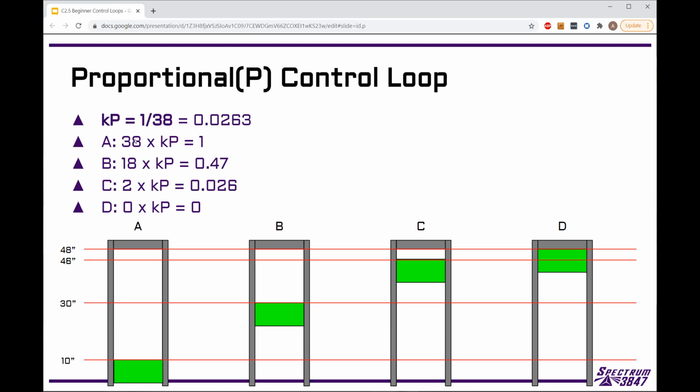To solve that, we can do some algebra, nothing too hard. You just bring 38 to the other side and you get 1 over 38. And that's what the value is, 0.0263. And if we plug that in for KP here, those are the 2 outputs that we get for our other 2 values.